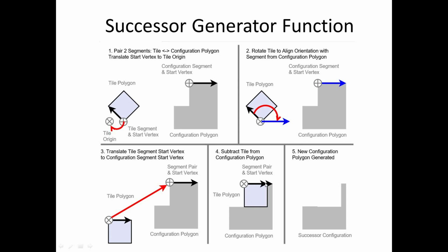If it then happens to lie on the inside and touches the configuration polygon from the inside, we can subtract it. It might also be the case that it happens to lie on the outside as a result of the transformation, or that it overlaps, in which case it does not represent a valid successor configuration. Also, it may be the case that the transformed tile polygon will be completely congruent with the component polygon, in which case we have found a perfect match.